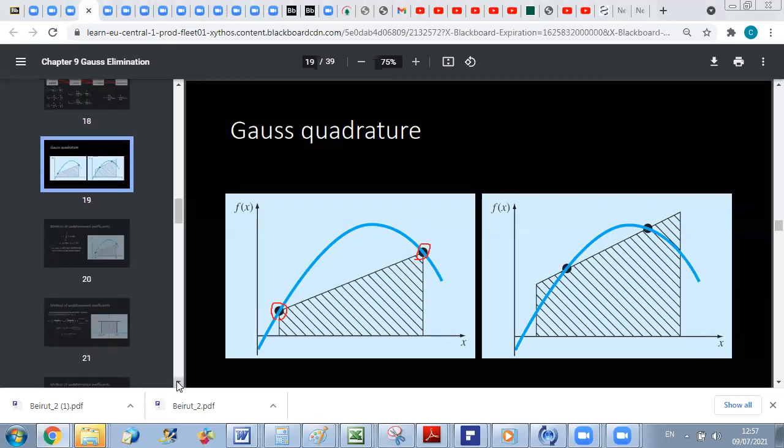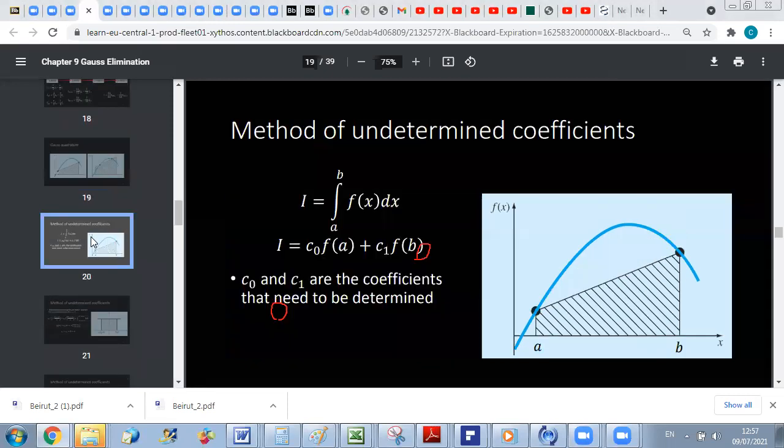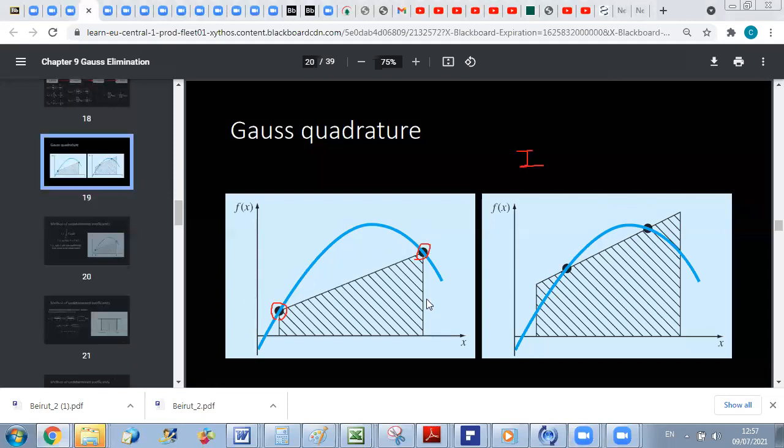The idea of Gauss quadrature is that I will write the integral. Here, I will start with the general rules and do the derivation first for the trapezoidal rule and then for the general rule. The idea is to get the positions of the 2 points that will give me an error of 0.